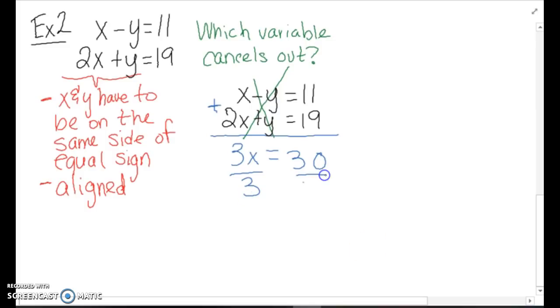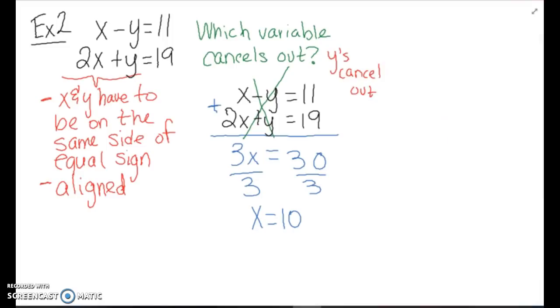Divide by 3, divide by 3, x equals 10. So which variable canceled out? The y's canceled out. Now I know that x is 10, I need to find y.